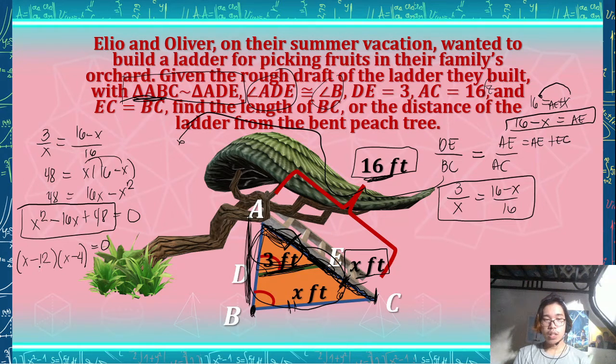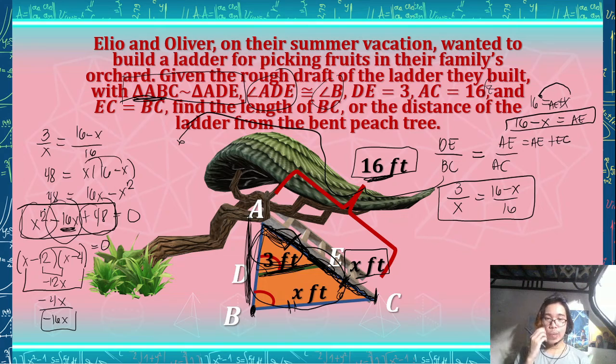So let's check. Negative 12 times x gives us negative 12x, and negative 4 times x gives us negative 4x. And what's negative 12 plus negative 4? That should give you negative 16x, which is our middle term, our second term on this trinomial. And then what's negative 12 times negative 4? That's going to give you positive 48.